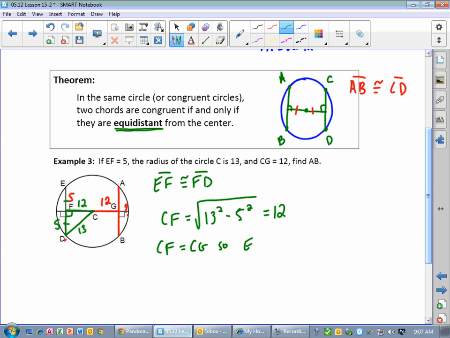So ED must equal AB, right? For equidistance. Equidistant. Well, how long is ED? ED is equal to 10. Why? Well, because we have two 5s. So, how long is AB? Also equal to 10.